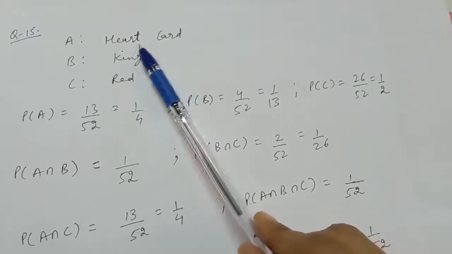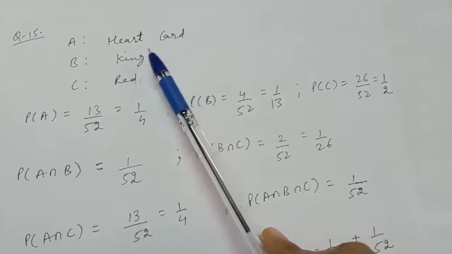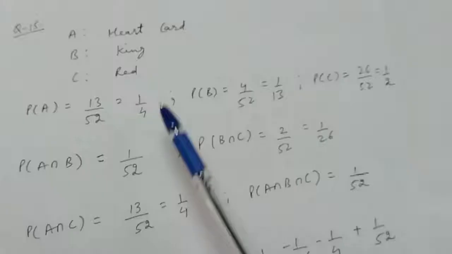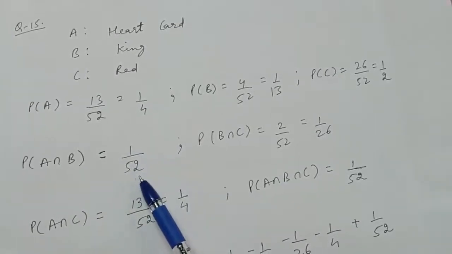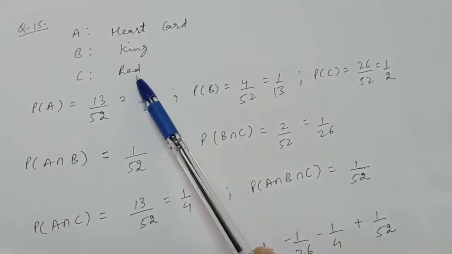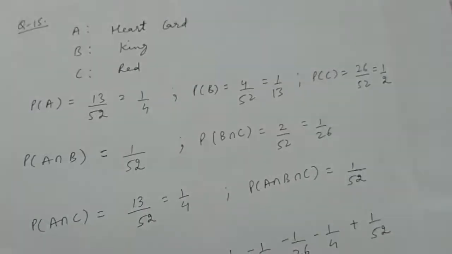Now probability of A intersection B, that is the card should be of the heart suit and also it is a king. Now there is only one king which is of the suit heart, so probability of A intersection B will be 1/52. Now probability of B intersection C, that is the card is a king and also a red card.